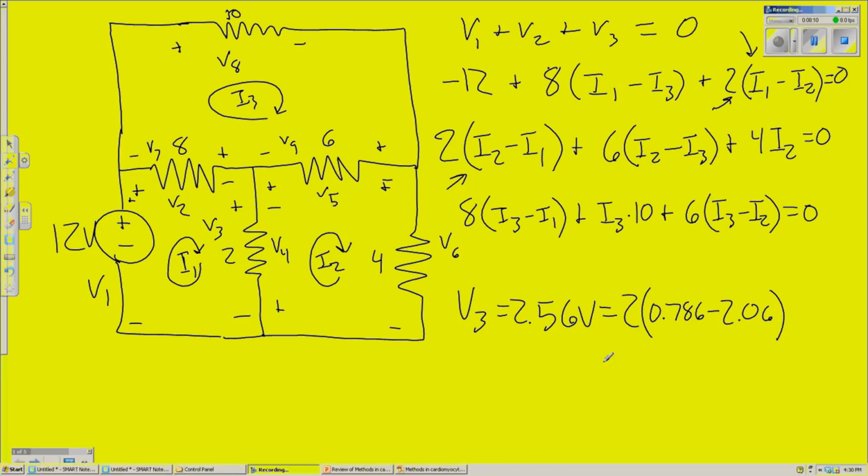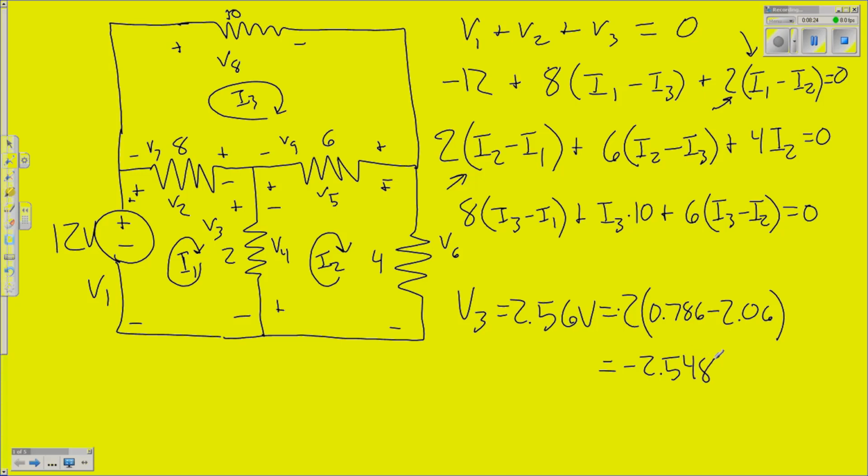And the answer I get on my own calculator is negative 2.548. I'm sorry, I was calculating V4. So this is V4. So we have a negative here.